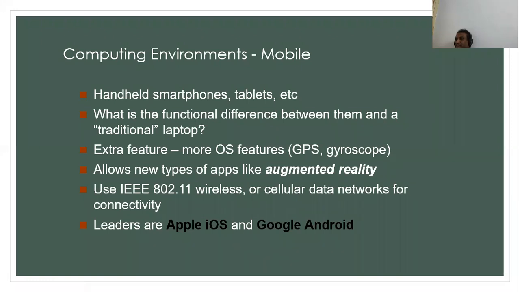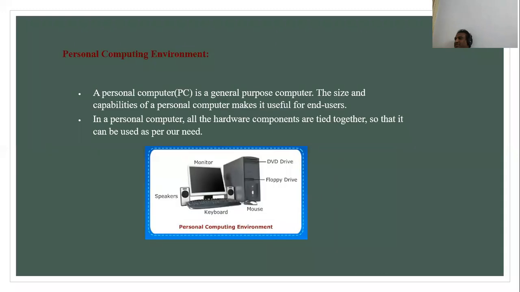As I've said, they'll have basic things and not any additional technologies. It can be wired, and it can be wireless also, either through Wi-Fi or cellular networks. Most of the mobile devices are based on either Google Android software or Apple iOS software. This is how personal computers are going to be.